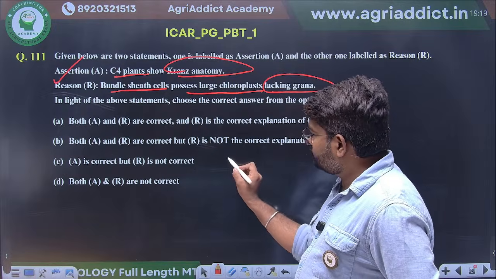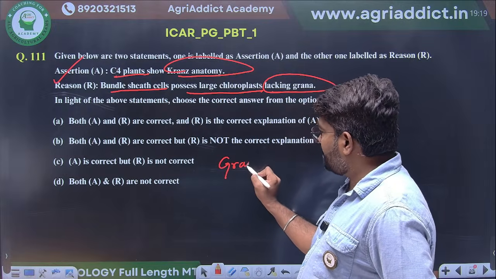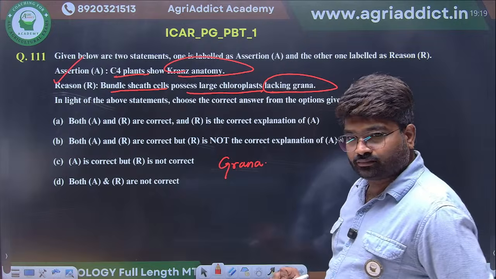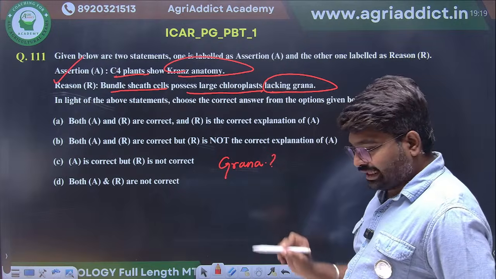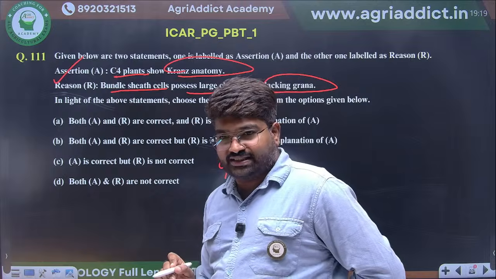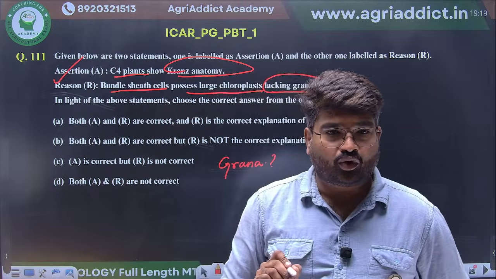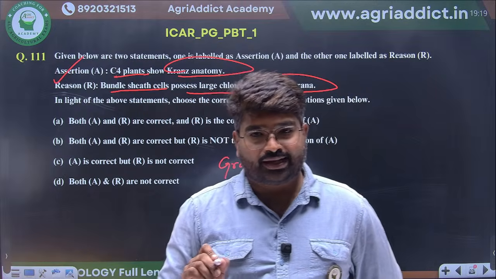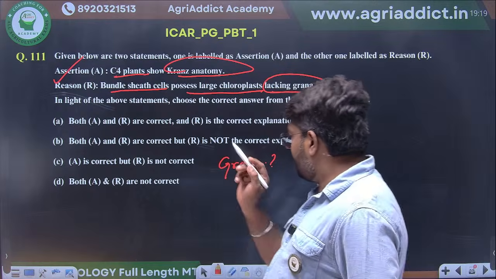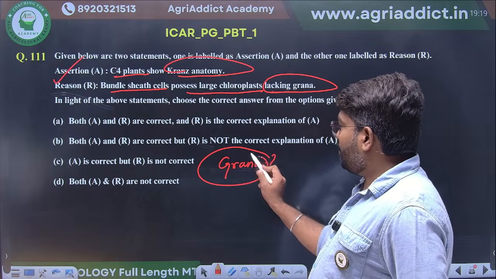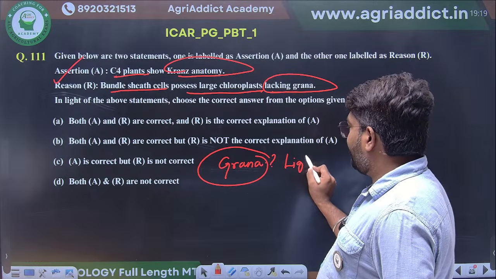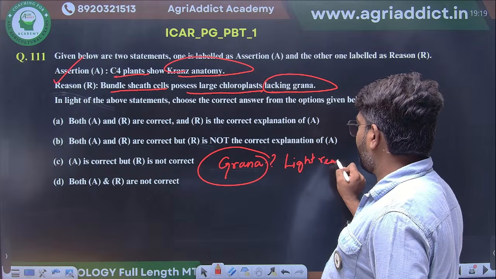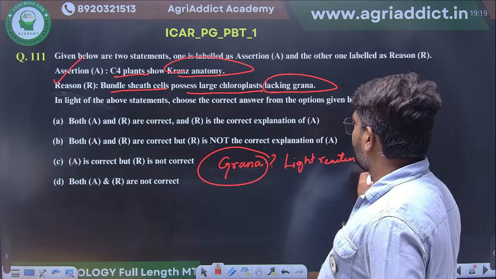What is the function of grana? Always go by concepts, then we will never forget. Don't mug up even a single question. We already know that in grana only light reactions will happen.